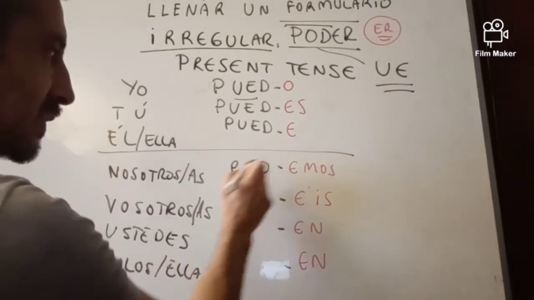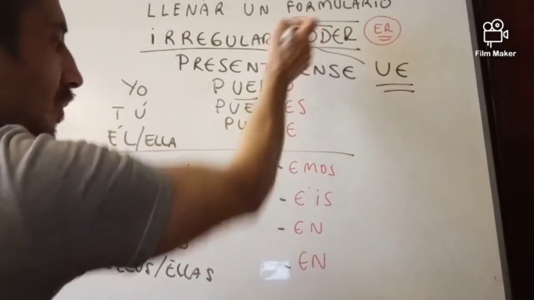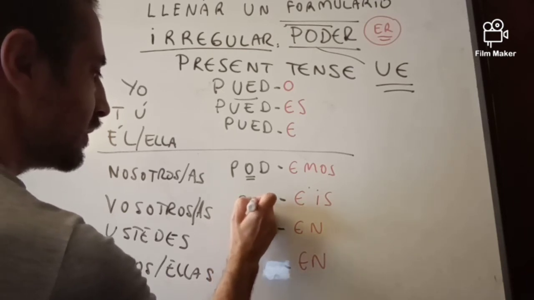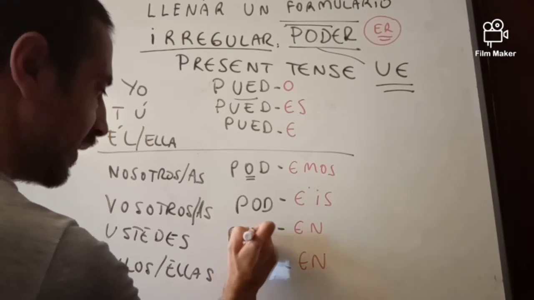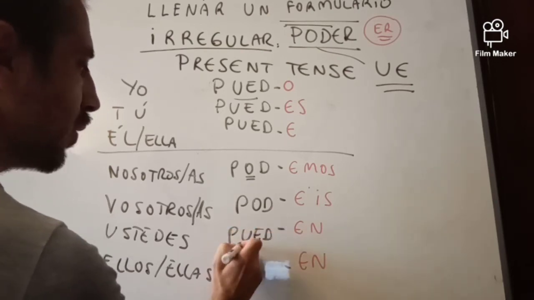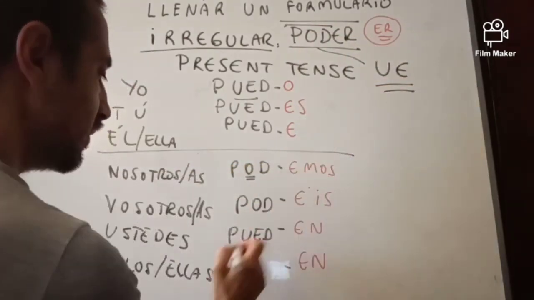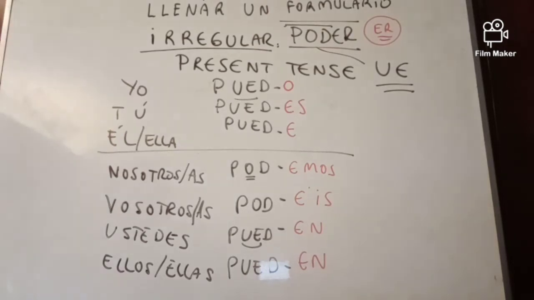The stress is here, so the root keeps the original o. Vosotros, vosotras podéis. Ustedes pueden. Now the stress is in the root again, so we turn this o into a diphthong. And finally, ellos, ellas pueden.